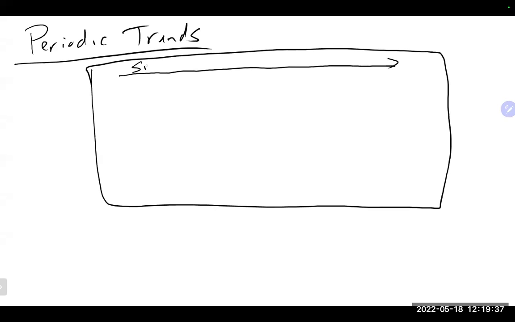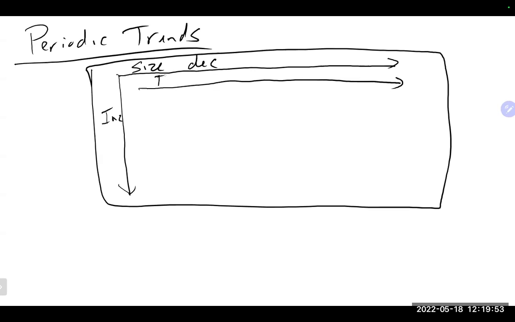So size decreases as you go up and right, and increases as you go left and down. We also talked about what is referred to as ionization energy. And that increases as you go up and to the right and decreases as you go down.